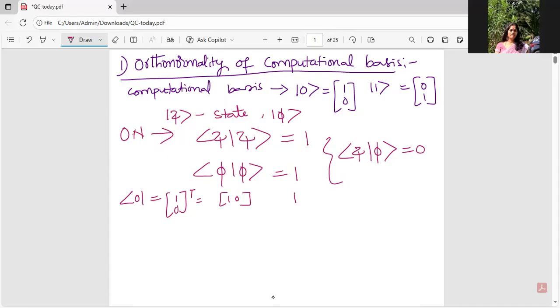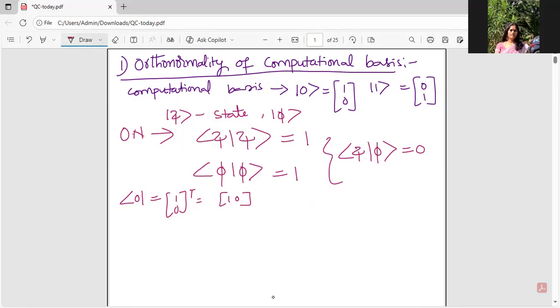Now coming to ket 1, the dual of ket 1 is the transpose of ket 1. Bra 1 would be (0, 1), the row vector. Now just see the orthonormality.